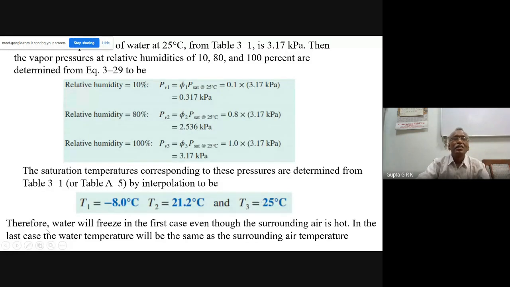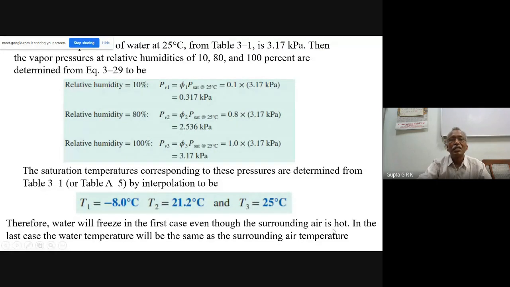So what happens? Therefore, the water will freeze in the first case, when the relative humidity is very low, that is 10%. Because of the evaporation, the temperature of the surface comes to -8 degrees centigrade, which is below freezing temperature. So the water will freeze in the first case, even though the surrounding air is hot.